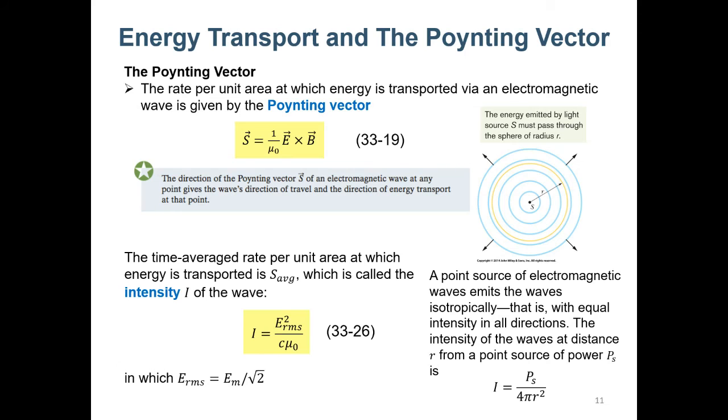So the time average rate per unit area at which energy is transported is S average, which is called the intensity. And the intensity can be calculated like this: E root mean square squared over C mu naught.